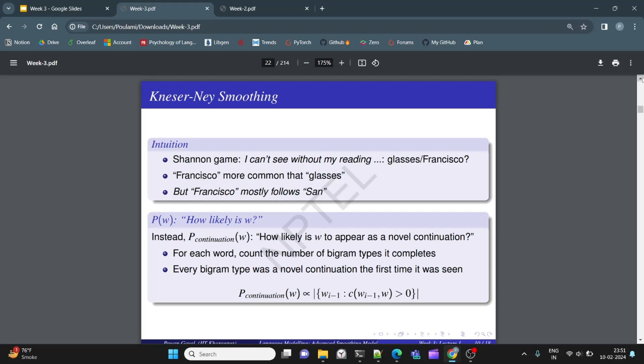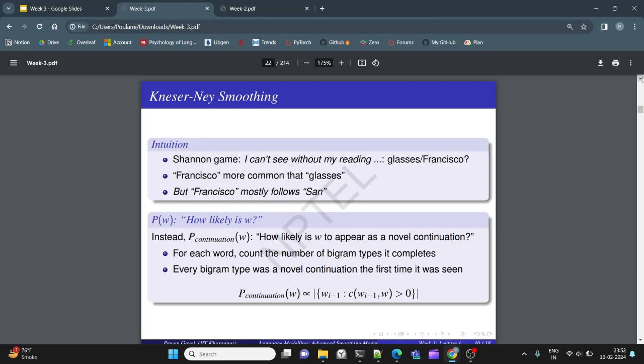Say the corpus that we have is about America, and it contains multiple instances of San Francisco.